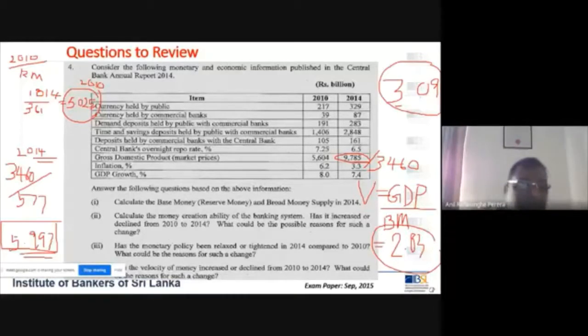Now, this is a kind of difficult question to answer, but if you know the concept well, you can basically provide some answer. How is velocity measured? It is the speed of circulation of the monetary unit, or how many transactions are created by a particular monetary unit.